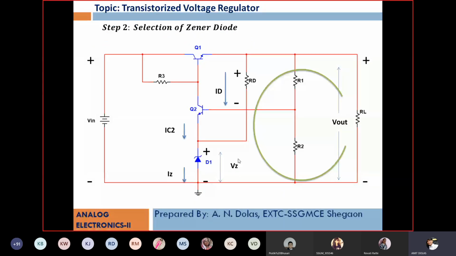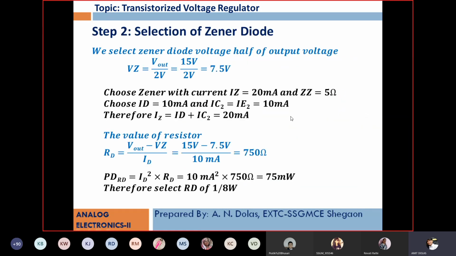Later on, selection of Zener diode. The Zener diode is connected into the output network through one resistance RD. Here we have to apply KVL. Known quantities are V out and VZ. VZ will be half of the output, so accordingly we will perform that.